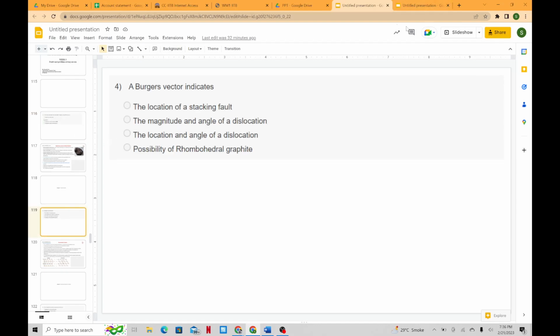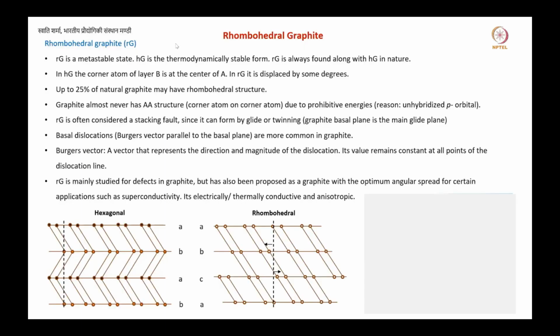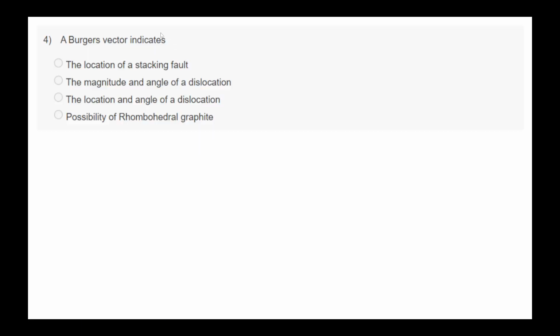So the next question is about Burgers vector. Burgers vector indicates what? The location of stacking fault. So first of all, what is a Burgers vector? I mean, that is the question. So what will it indicate? Do you know what is Burgers vector?